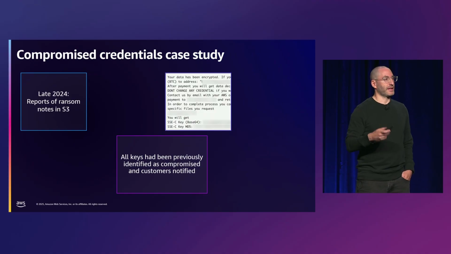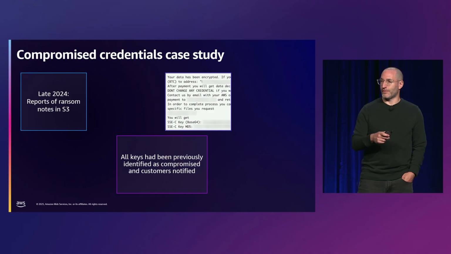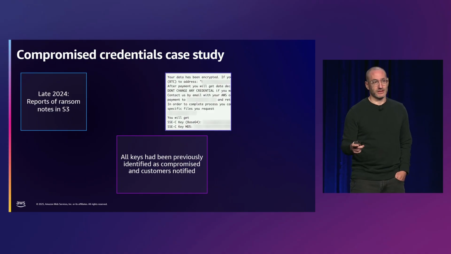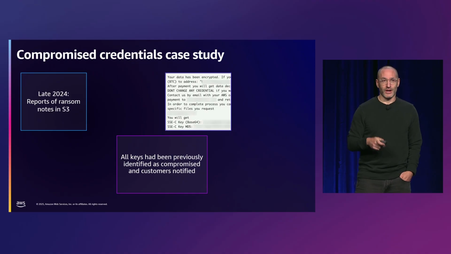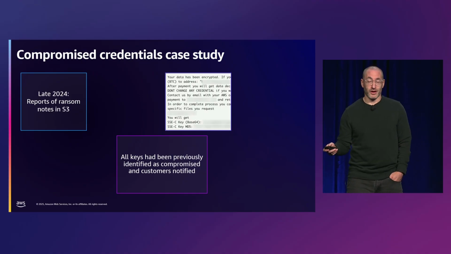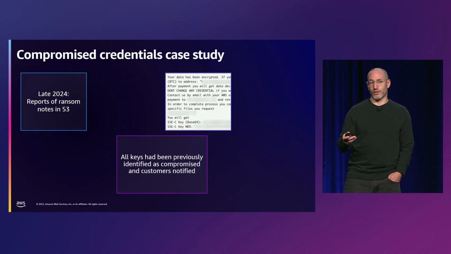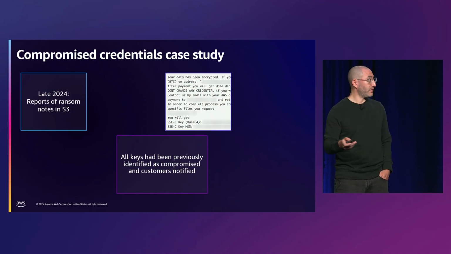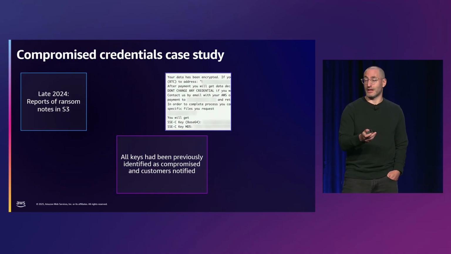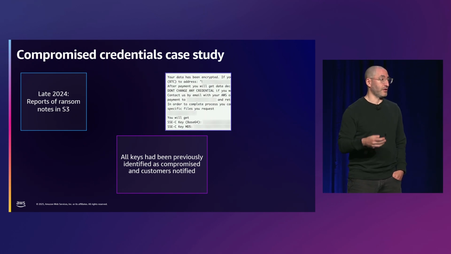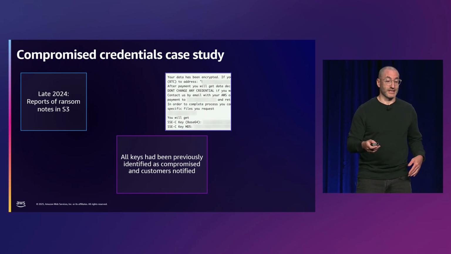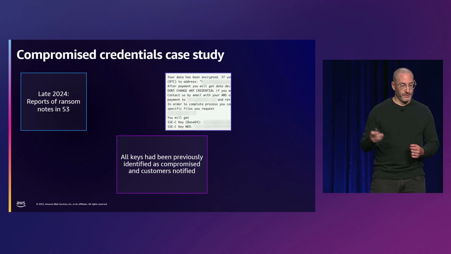As we saw this activity unfolding and looked at what was going on, we found that all of the AWS access keys being used in this campaign, we had actually detected as compromised previously, and had sent notifications to customers: we're worried that your key may be exposed via some of these leak mechanisms we described before, you should rotate, you should take advantage of some best practices to ensure your credentials are safe.